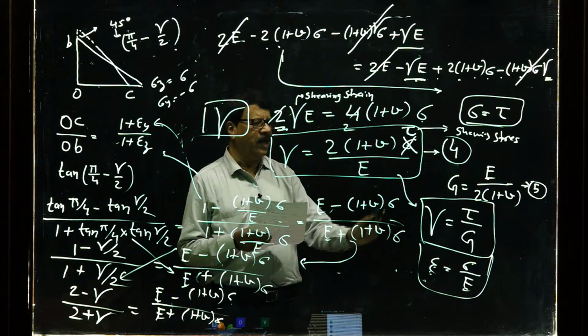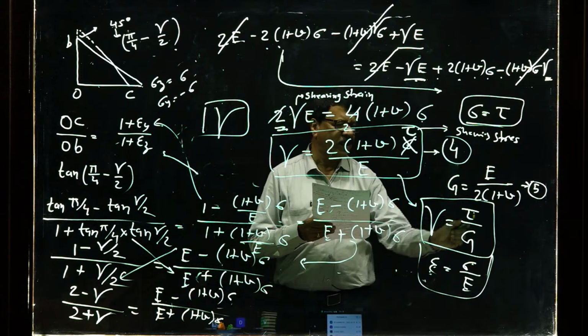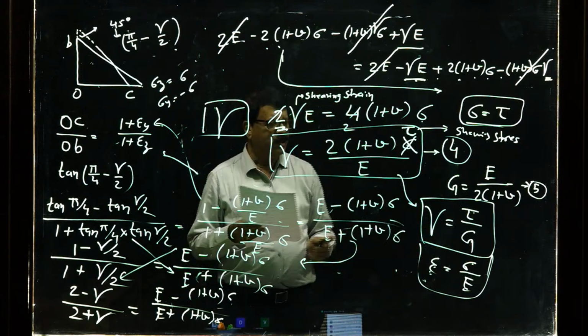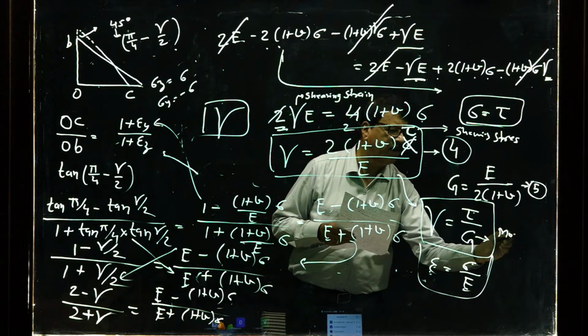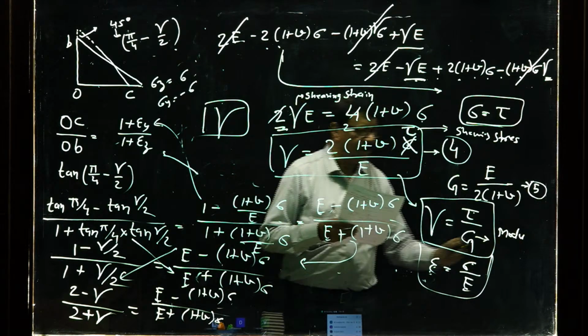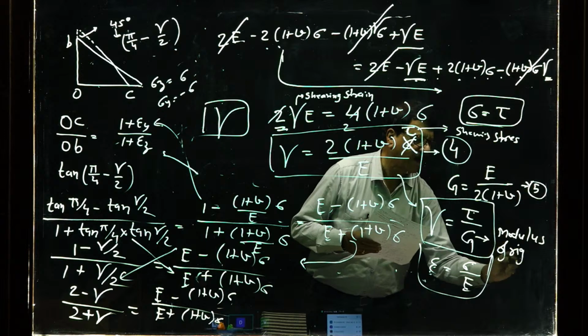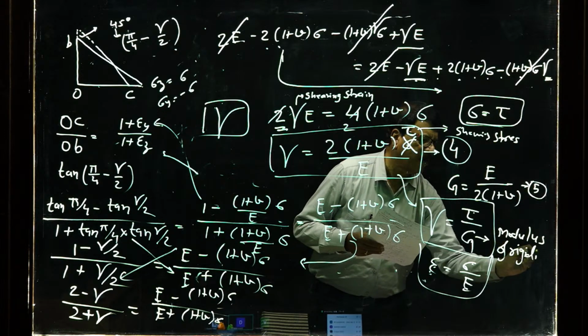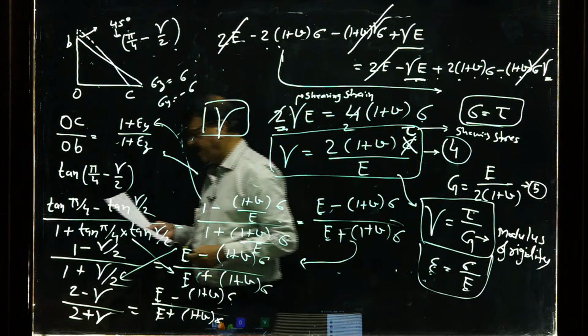In the shear case, shearing strain is equal to shear stress divided by G. G is called the modulus of rigidity. Modulus of rigidity.